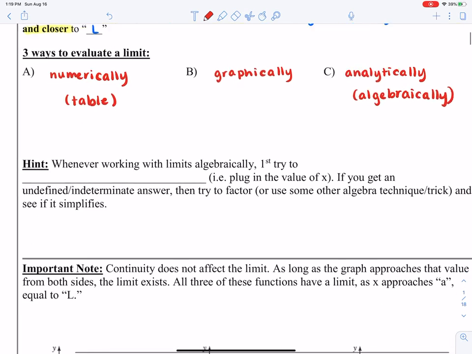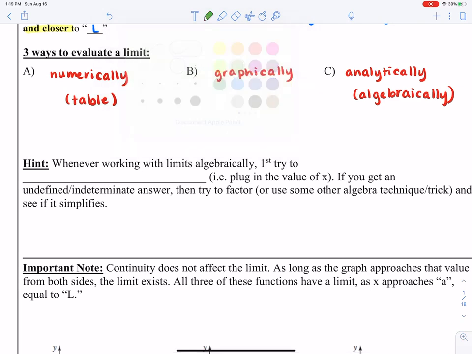A really important thing that you need to know when we do talk about limits is that whenever we work with limits algebraically, the first thing you should do always is direct substitute, or evaluate the limit.